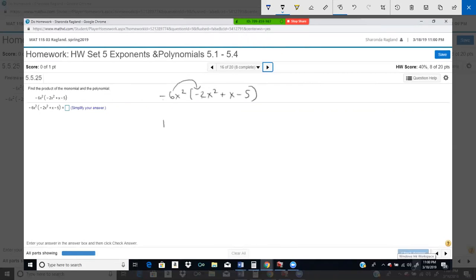That's a positive 12x to the 4th because you add the exponents. Negative times this positive is negative 6x, and this is a 1, so you add them, so that goes up to a 3. And then a negative times a negative is positive 30, and just tag the x squared along. And that's it. You have no like terms to add or subtract. Okay, that's your final answer.